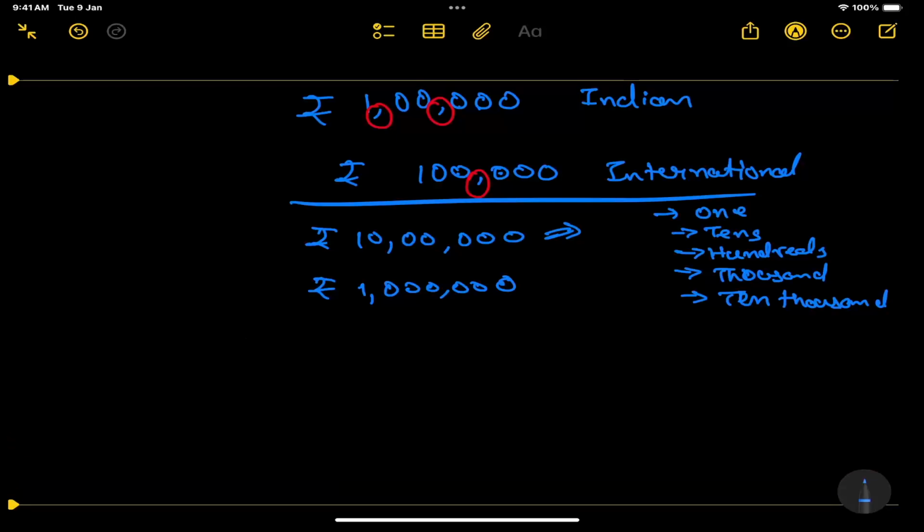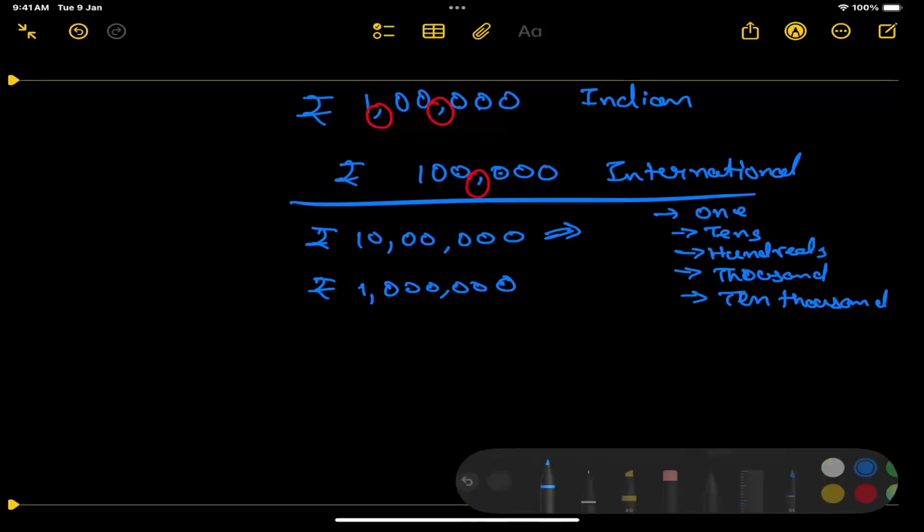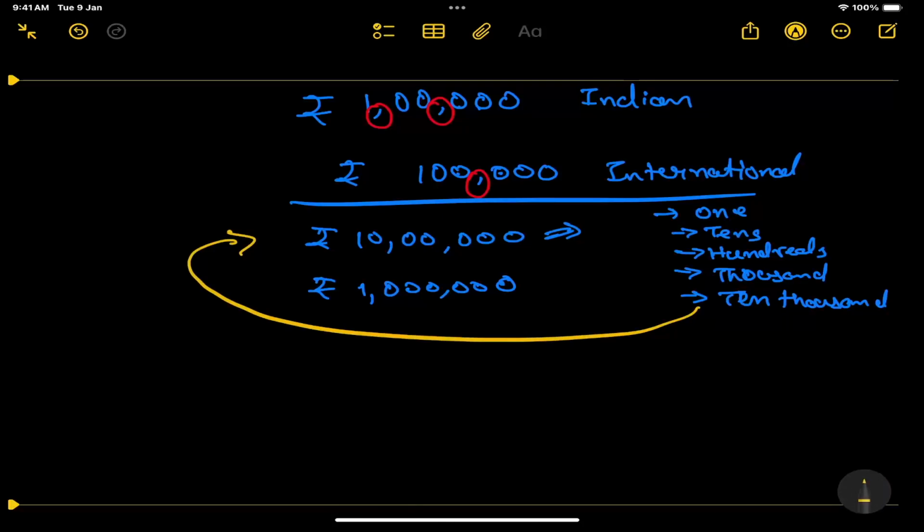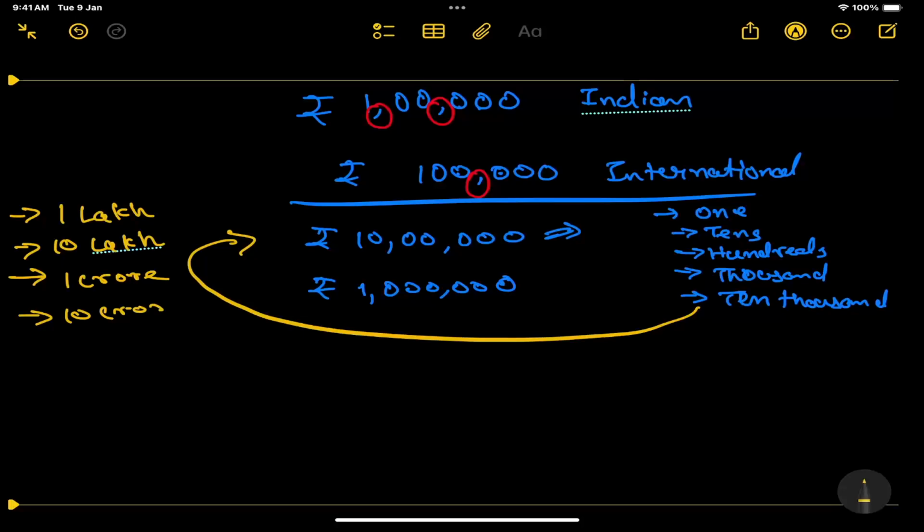So in Indian number system, after 10,000 comes 1 lakh, then 10 lakh, then we move towards 1 crore, next 10 crores.